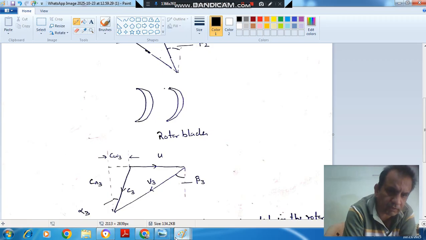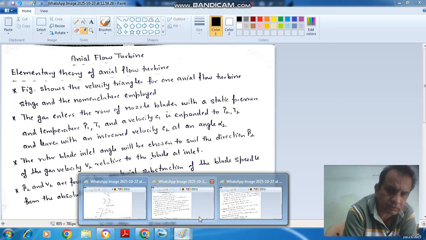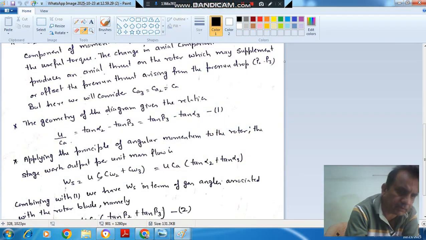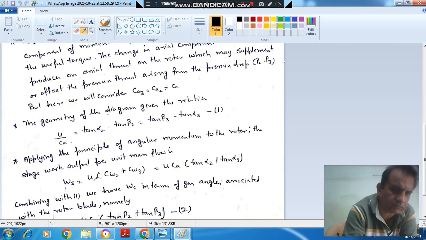So the change in whirl component will be CW2 plus CW3. If we multiply it by U, then we get the work. CW2 can be written as CA tangent alpha 2, and CW3 can be written as CA tangent alpha 3. Okay. This is when we are assuming that CA is constant. So this is the work done.